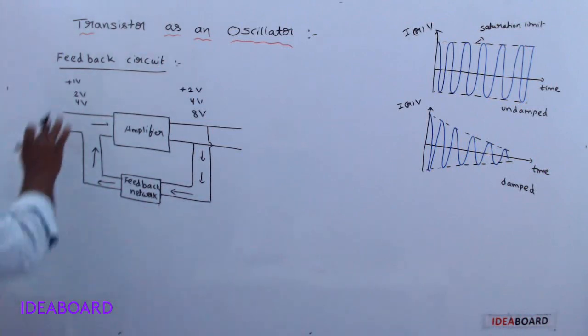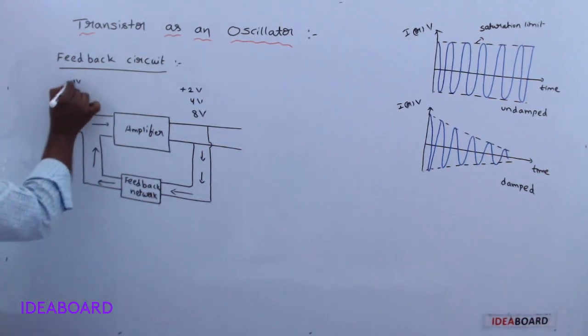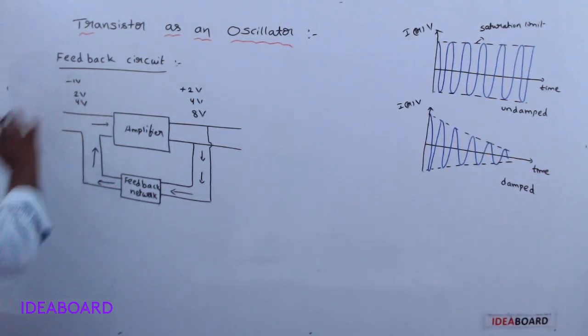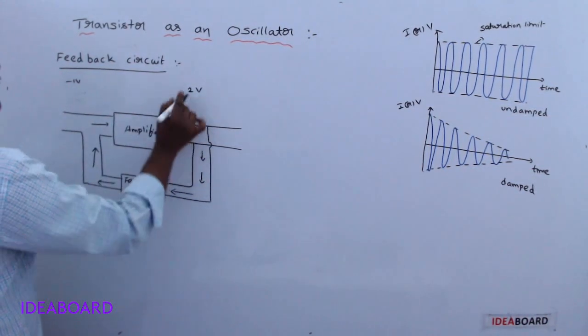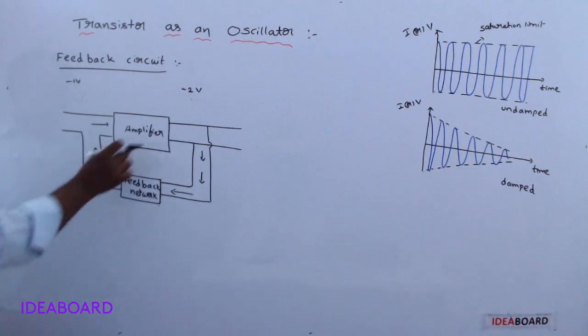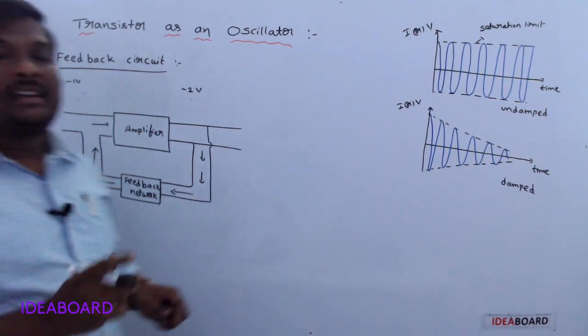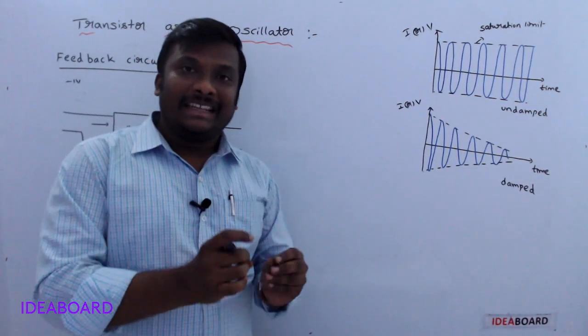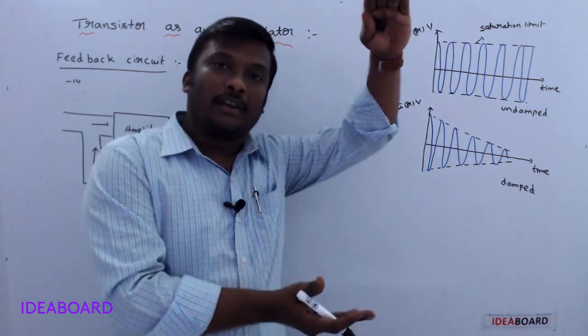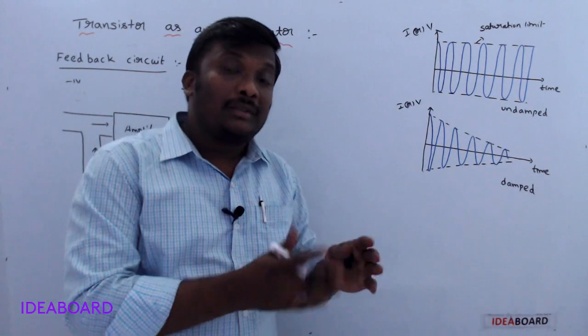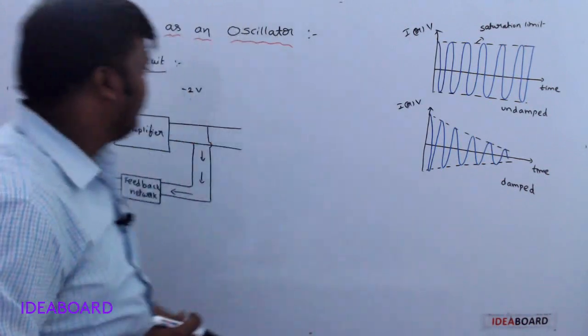Understand? If you give a negative voltage here, minus 1 volt, what happens? Now it becomes minus 2 volt. The amplifier's duty is just to increase the strength. If you give positive, it increases the positive signal; if you give negative, it increases in the negative direction.